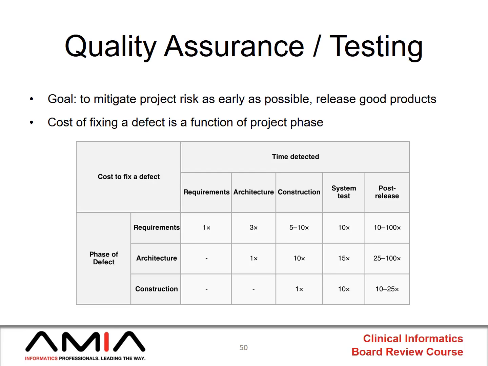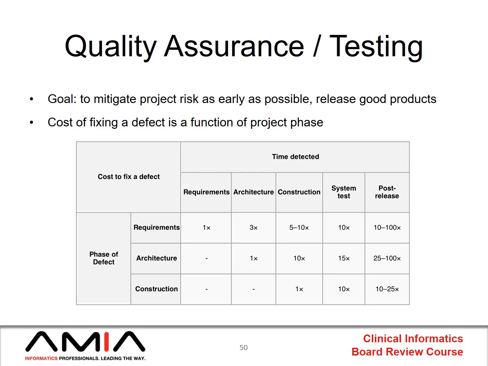The rows here represent where the defect is, like where in the actual software product the defect is, whether it's a defect in the requirements phase, a defect in the architecture of the system, or in the actual construction or the programming itself, versus when it was detected. Was it detected during the requirements phase, during the architecture construction? Was it detected during system testing, or was it only detected after it was released?